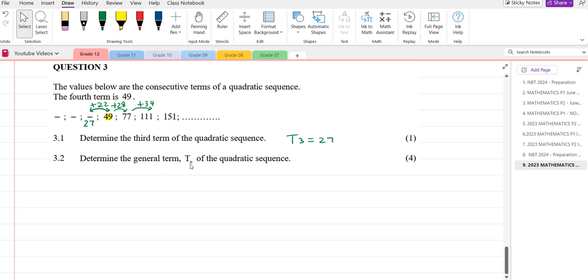Determine the general term Tn of the quadratic sequence. Now we need to go back, right? So we got 1, 2, 3, and we got the fourth term, which is 49. This is 27. Now if we need to go one more back, we need to subtract 6, so that's going to be subtracting 16 to go back.